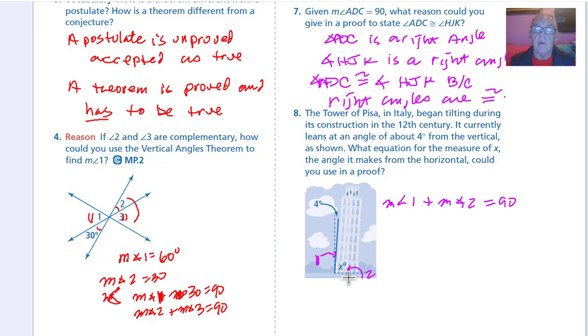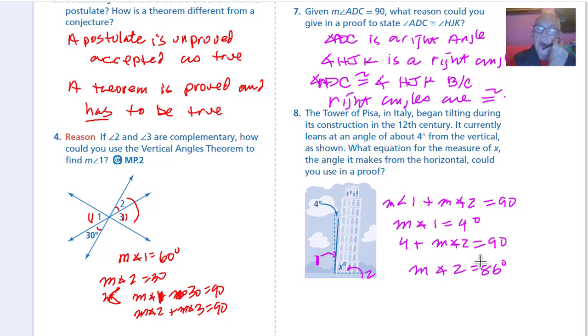Now, if angle 1 is 4 degrees, then we have 4 degrees plus measure of angle 2 equals 90, and taking away 4 from both sides, measure of angle 2 is equal to 86 degrees.